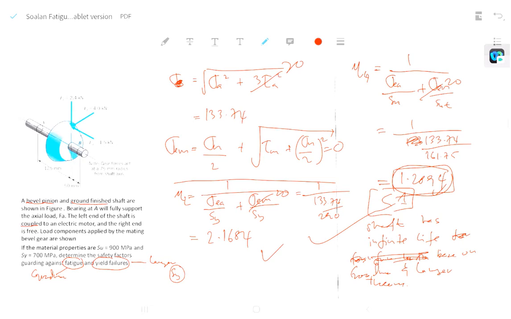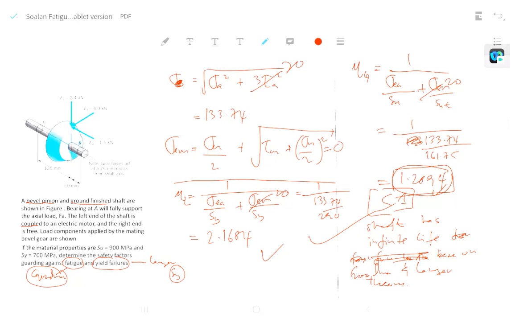And Goodman is fatigue because it has endurance limits. Goodman considers the endurance limit, but Langes doesn't consider the endurance limit, just the yield strength. The yield failure. Yield failure means tend to failure. Okay.